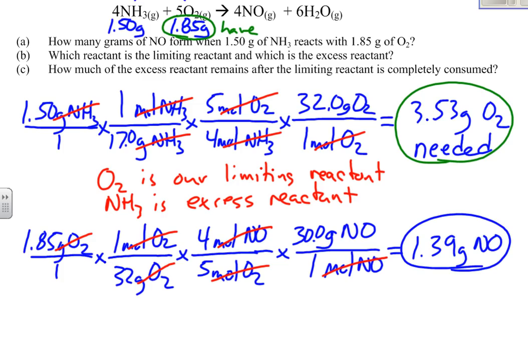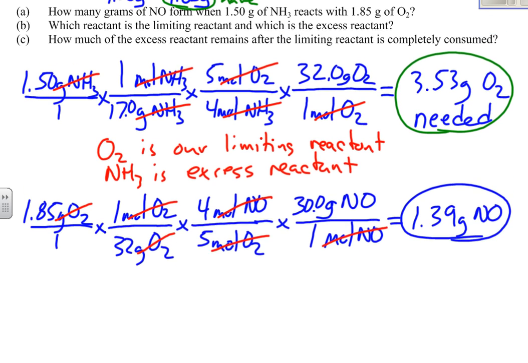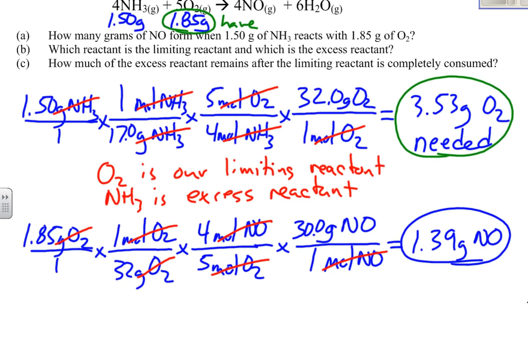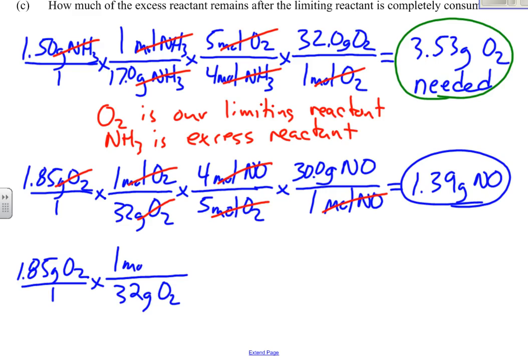The last part of this problem wants us to determine the amount of excess reactant that remains after the reaction is complete. So if you recall, the ammonia is the excess reactant. So what we're going to need to do is take our limiting reactant, our oxygen, and determine how much ammonia is needed to react with all of that oxygen. So we start again with our 1.85 grams of oxygen, go from grams of oxygen to moles of oxygen.